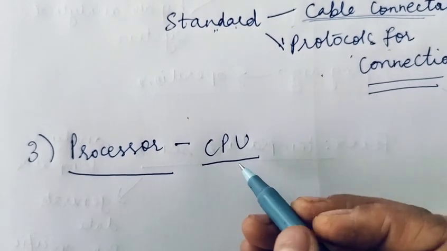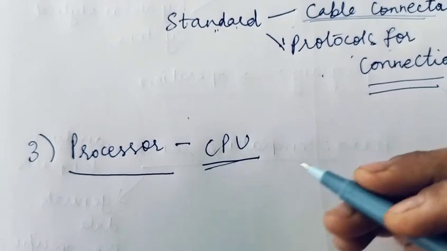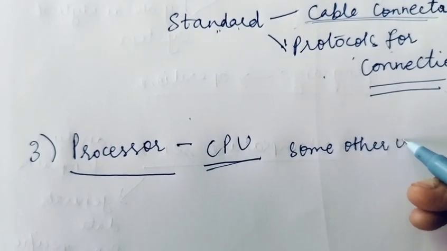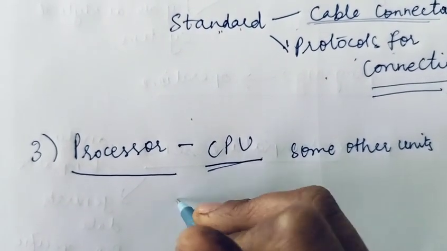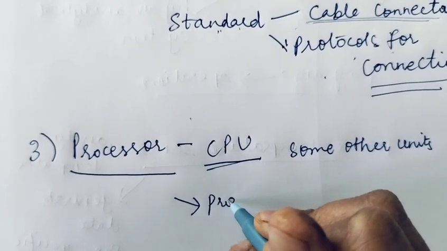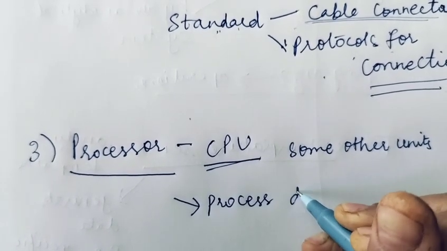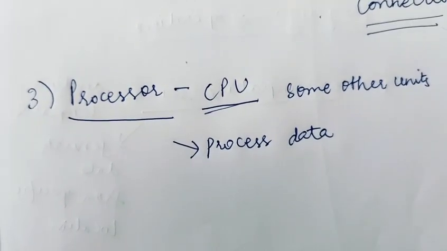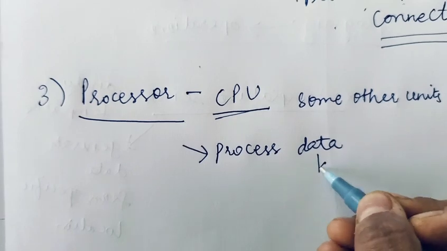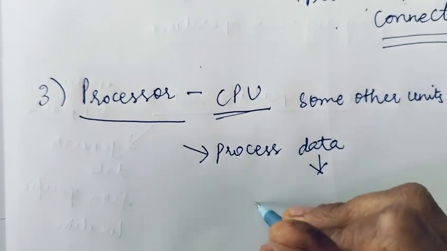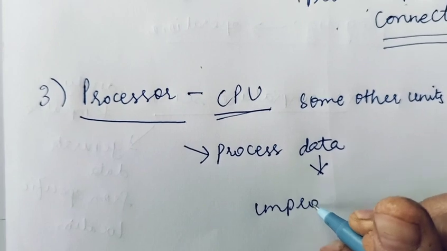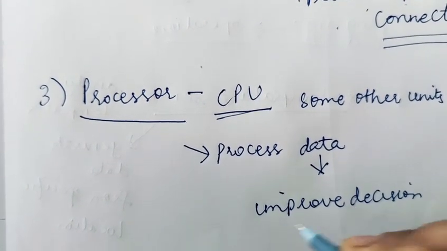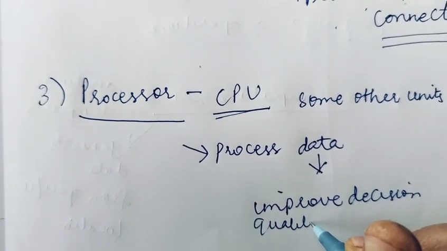A processor like a CPU, along with some other units, is used to process data. Why do you need to process data? Because with the help of this processed data, you can improve the decision quality of an IoT system.